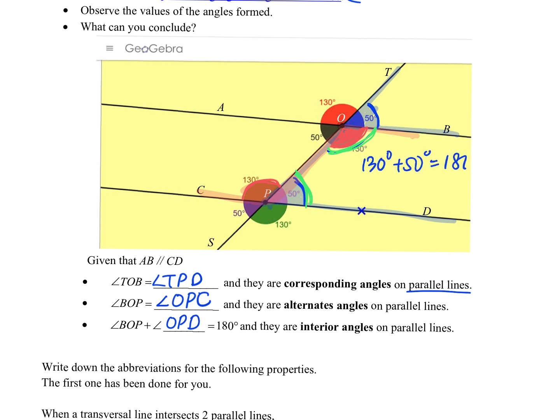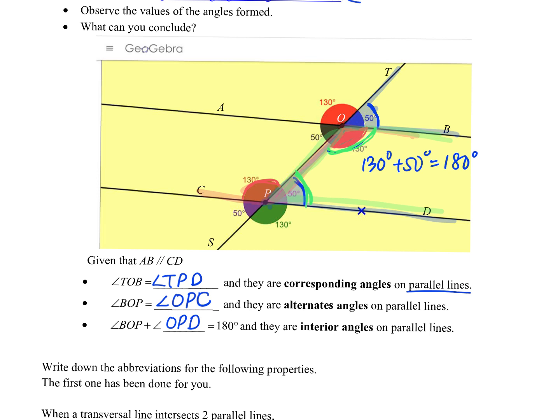These two angles add up to a sum of 180. So these are the properties. This is because they are interior angles on parallel lines. When two interior angles form a shape like a letter C, or a C being rotated, these two angles on parallel lines will always add up to 180 degrees.